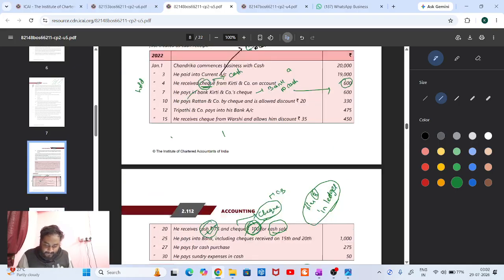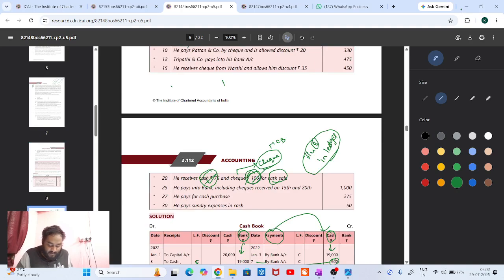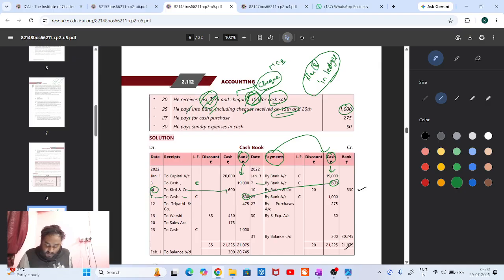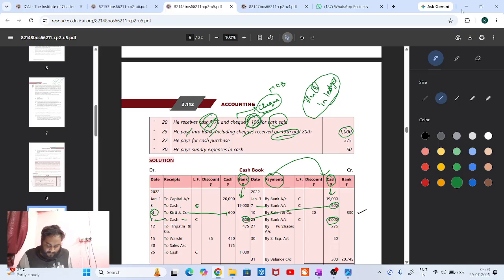Okay, and then we come here. He pays into bank including checks of so and so 1,000 rupees. So 1,000 rupees into bank, which is also contra entry. Bank to cash.